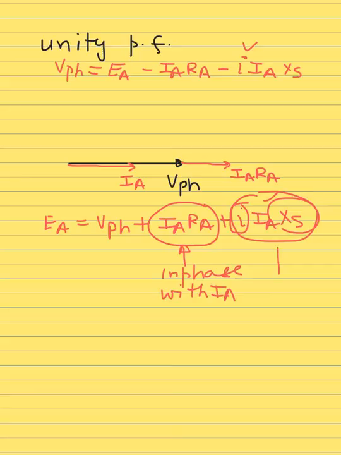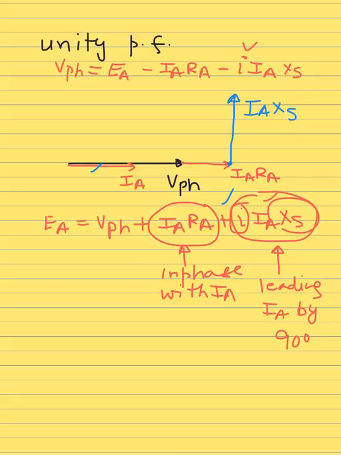So that means this term, IA XS, will be at 90 degrees to IA. IA XS has a positive angle of 90, so it will be leading IA by 90 degrees. Since the IA phasor is here, IA XS is going to start from this end of IA RA because it's added to that, and then it will be at 90 degrees to IA's position.